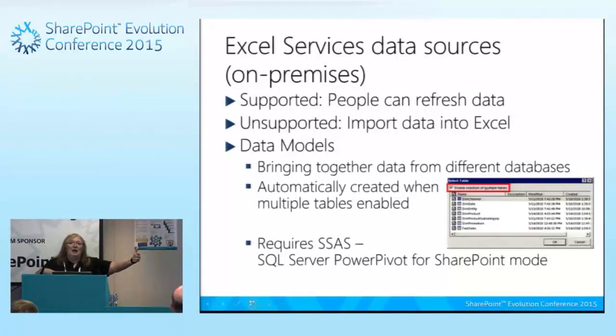Now you can, on the web part, tell it to refresh itself every so often. But what the user might want to do is refresh it immediately they go to the page. And so, yes, if you're on premises, there's a lot more data sources that you can say, go to that external data source and get the latest data.